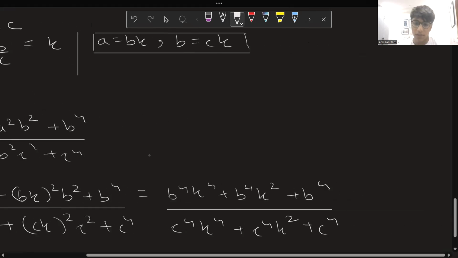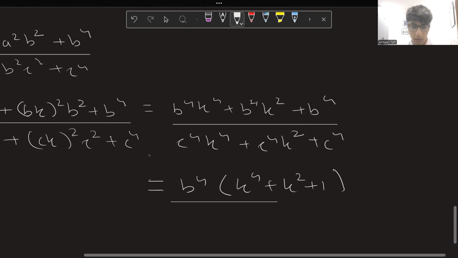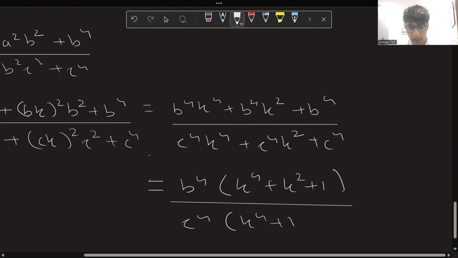Now you've gotten this. If we take B4 out common from the numerator, we get B4 times K4 plus K square plus 1. And in the denominator, if we take C4 out common, we get K4 plus K square plus 1.